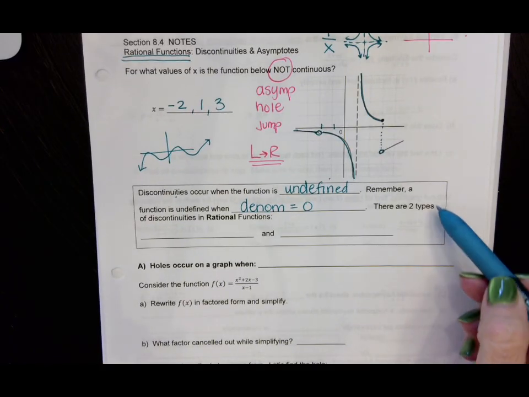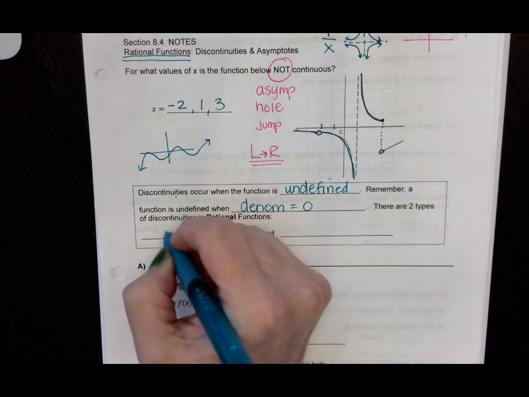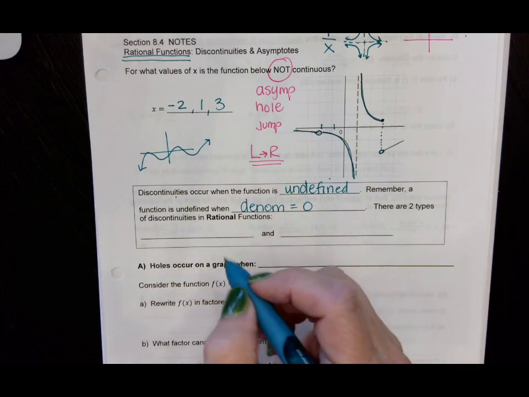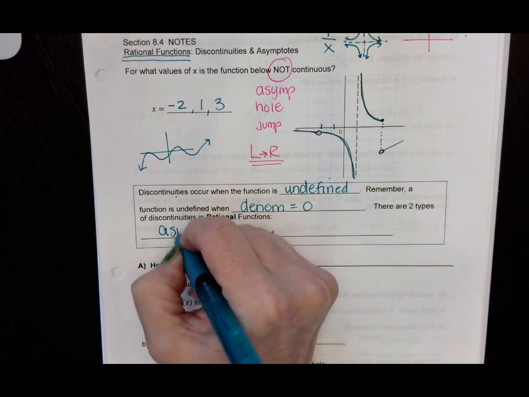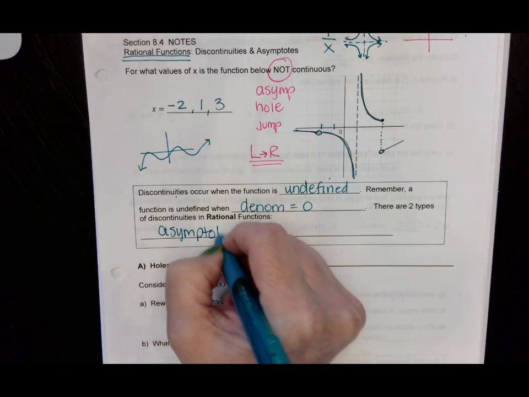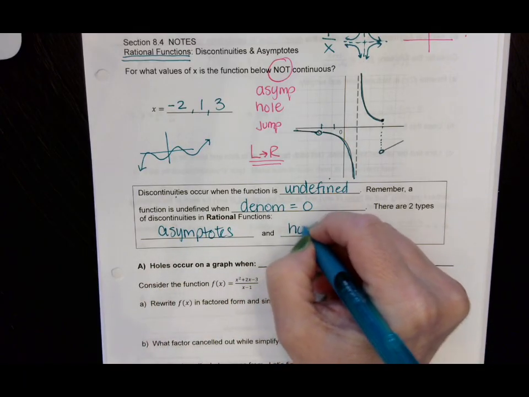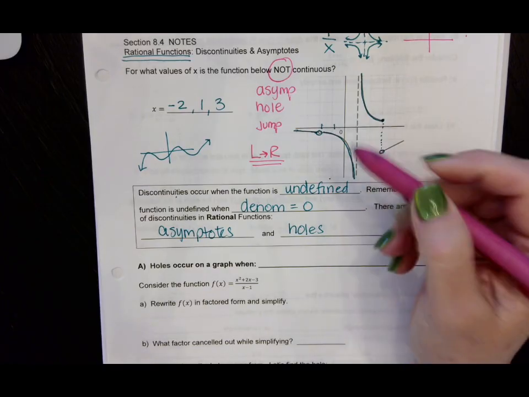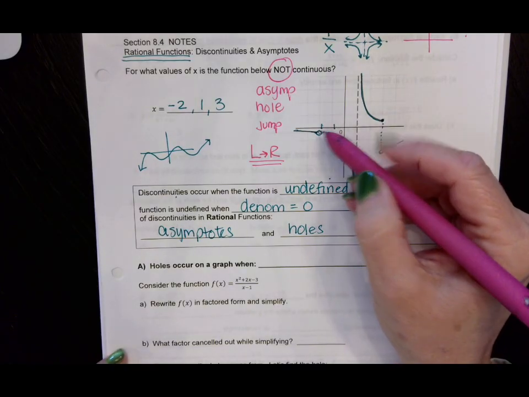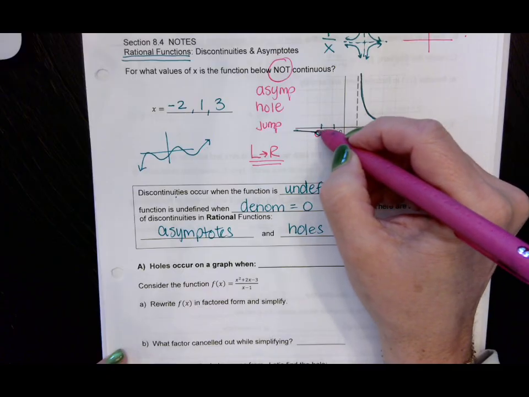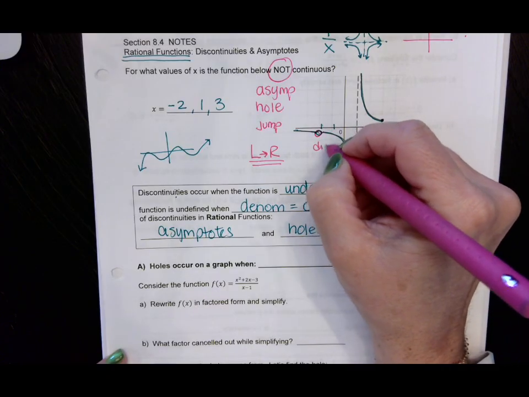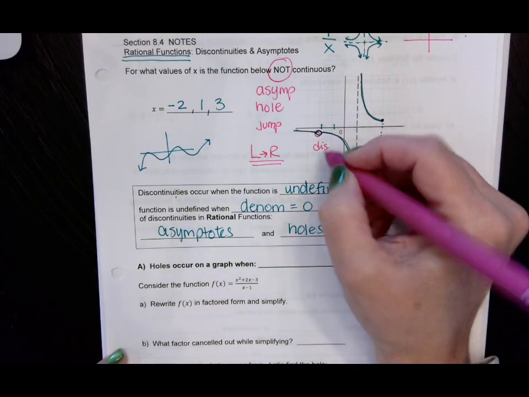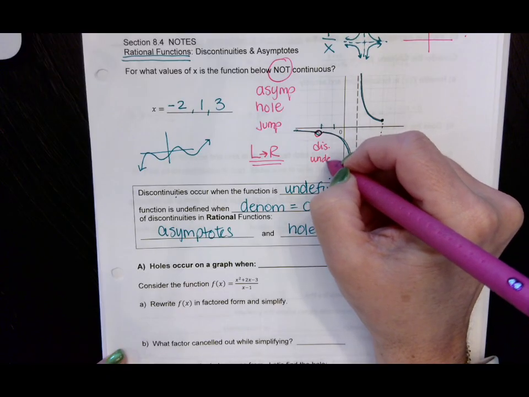So the two things that we're going to talk about here are going to be asymptotes and holes. Now, here's why. So what we just said is this has a hole. I do not have a value. So this is going to be a discontinuity. It's undefined.